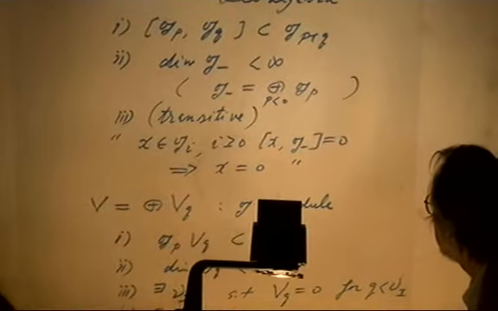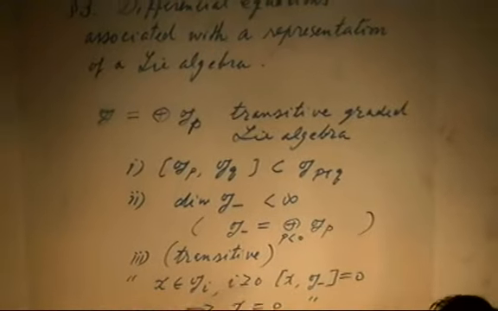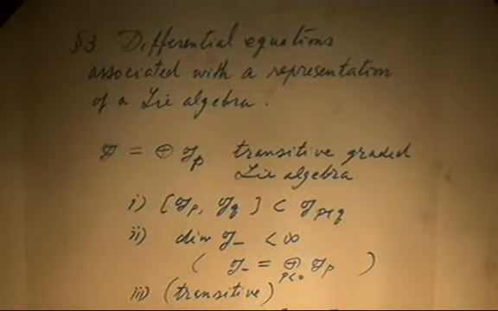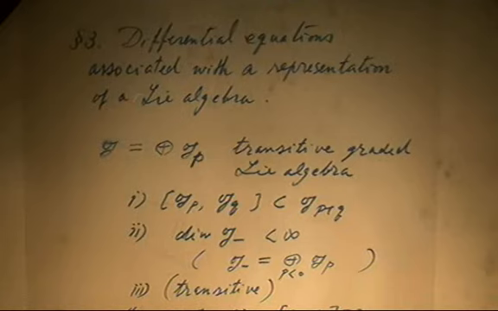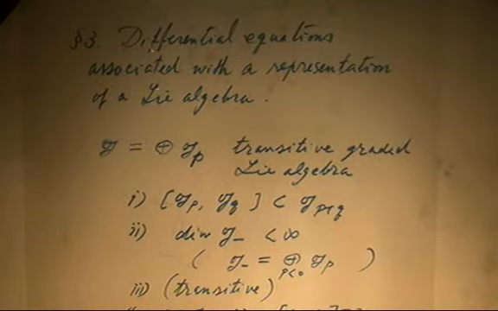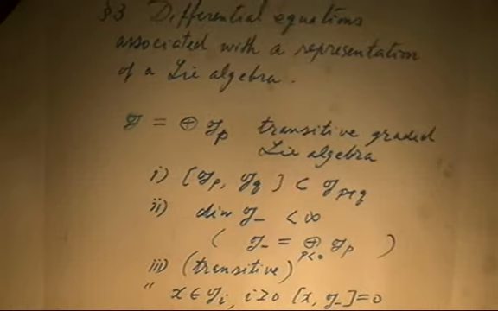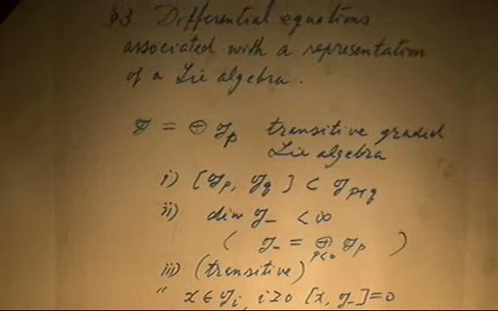Now I'd like to speak about differential equations associated with the representation of a real Lie algebra. More precisely, we'll consider graded real Lie algebras, which I call transitive graded Lie algebras.